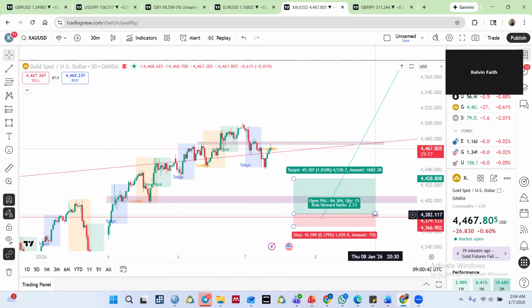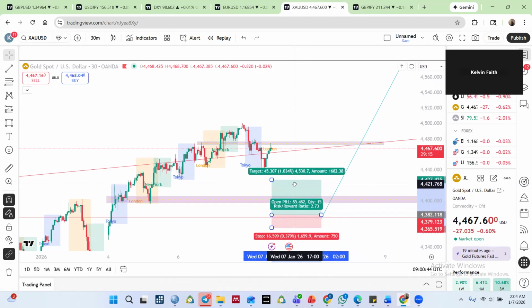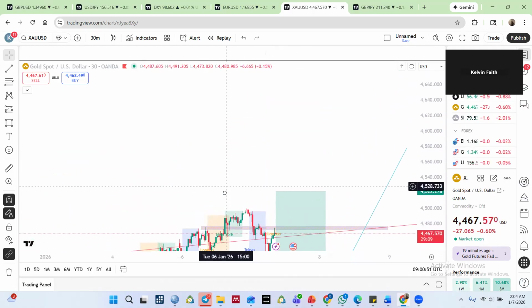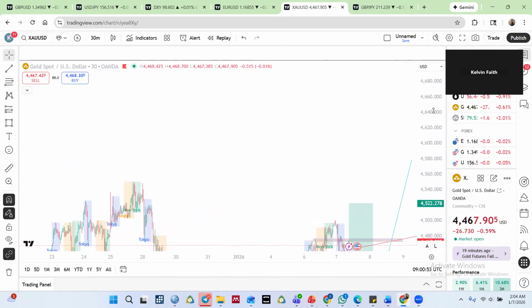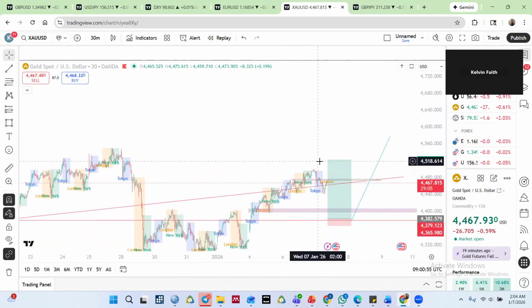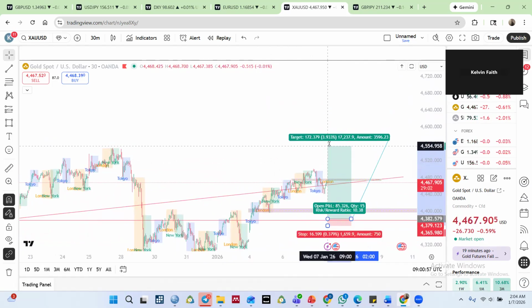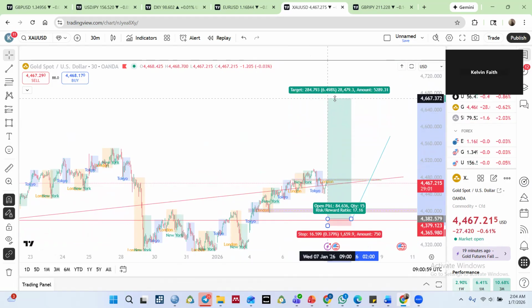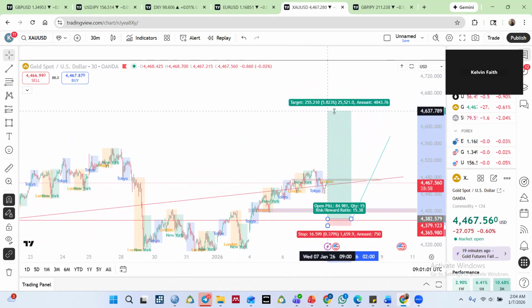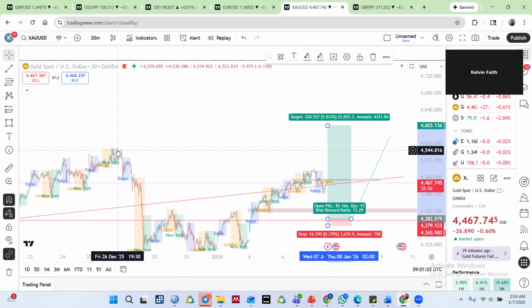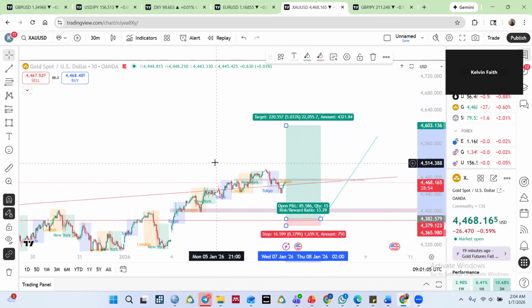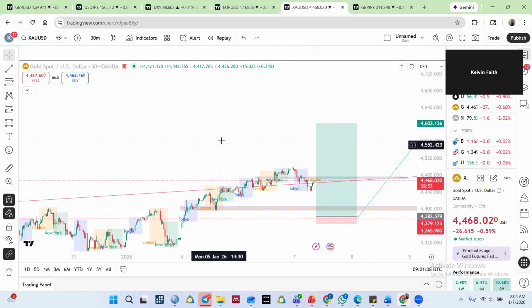I'm not sure gold will come down like that, but I will just set the trade because that's where I would feel more okay to buy gold from. And then I'll target a new higher high. Anything above the higher high is okay for me.